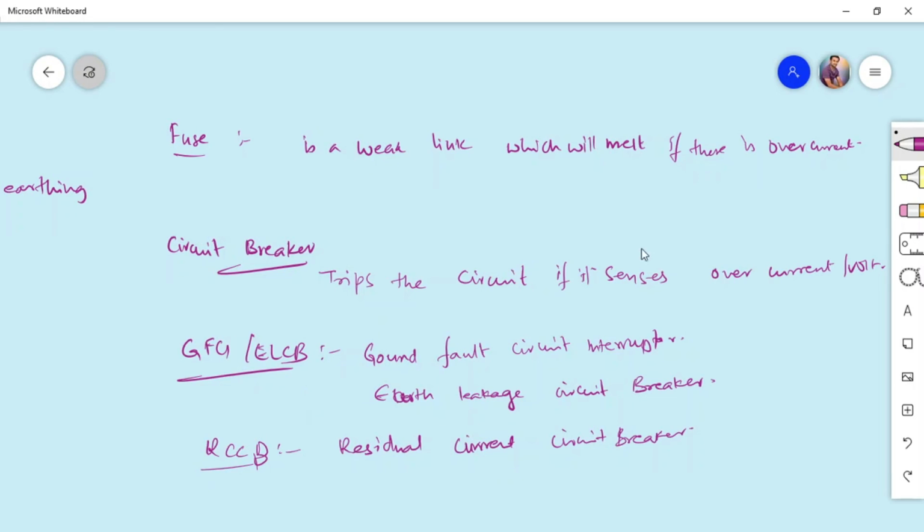The operation of these devices will be within less than 1 second, mostly milliseconds only, but I don't want to specify the time.